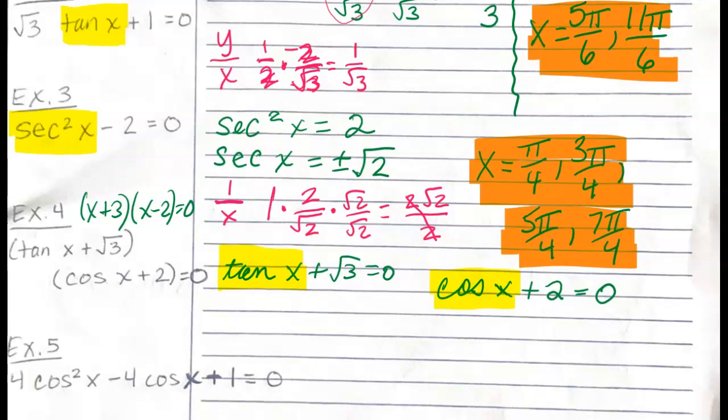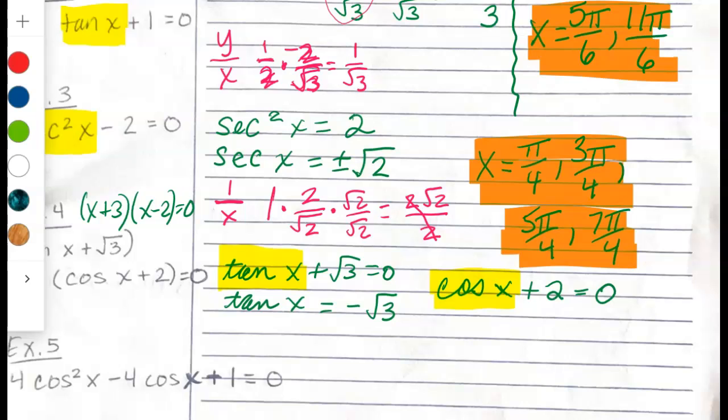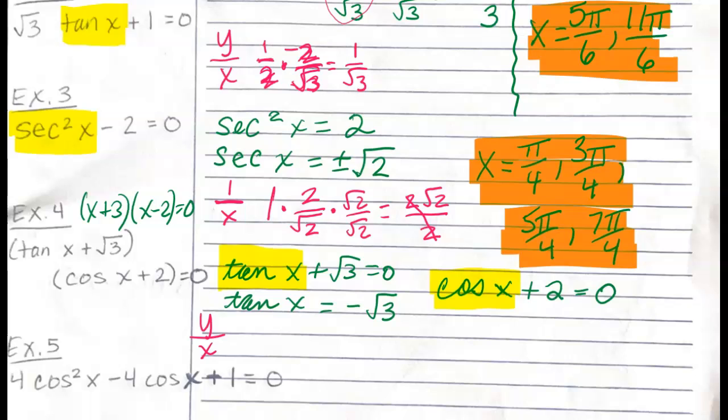Okay, so here we get what? Tangent x equals negative square root of 3. So let's just work on that one first. So if you recall from example 2, we know that tangent is y over x. So we did one up there. It doesn't matter. Let's do it again.